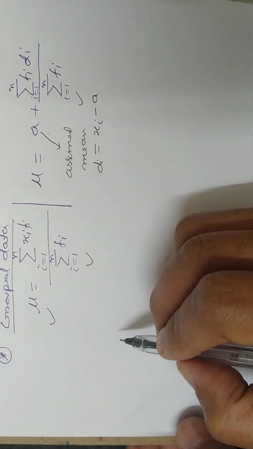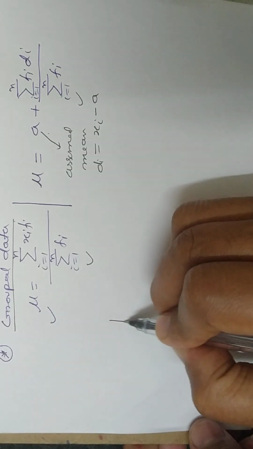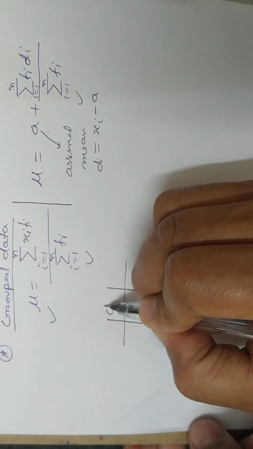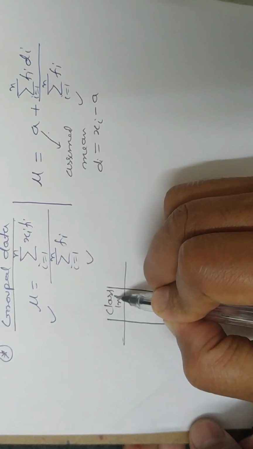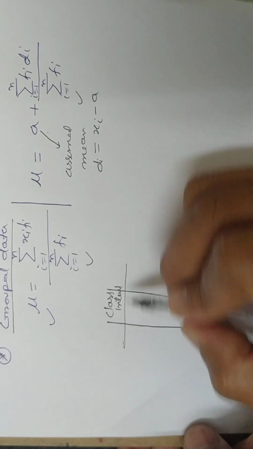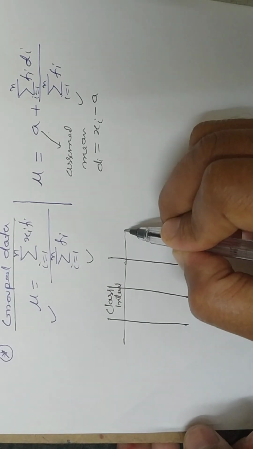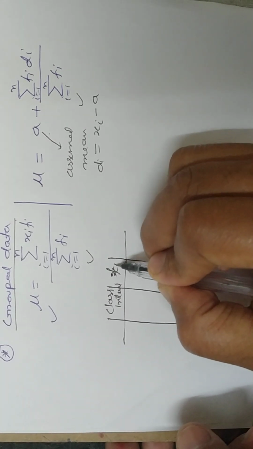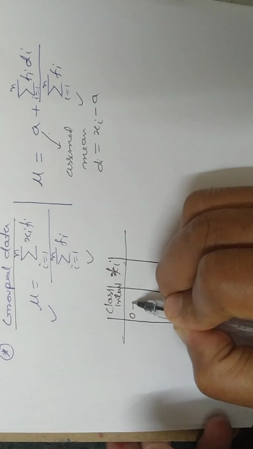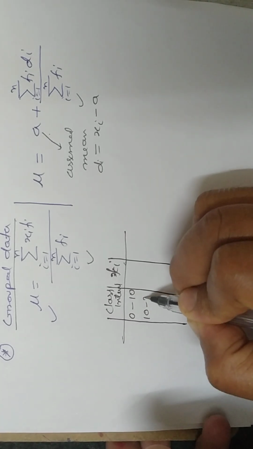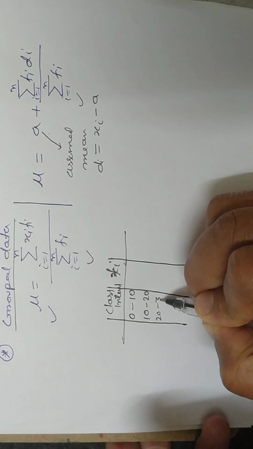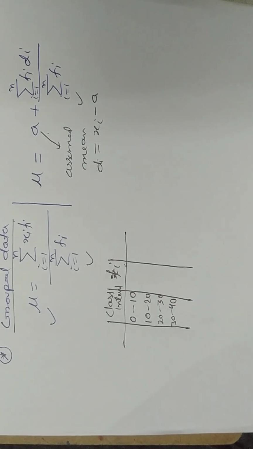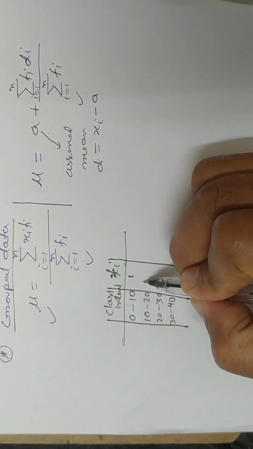Suppose that this is a grouped data in which you have a class interval. In this column you have the class interval, and we have xi and frequency fi. Suppose the class intervals are 0 to 10, 10 to 20, 20 to 30, 30 to 40, and the frequencies are 1, 2, 3 and 4.